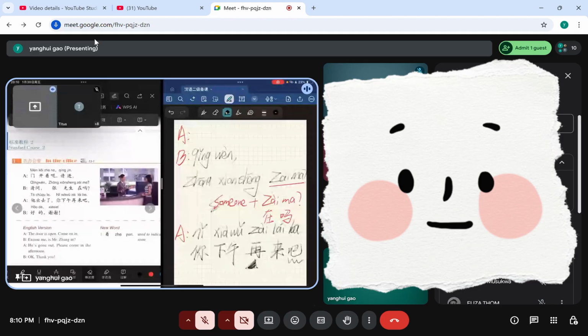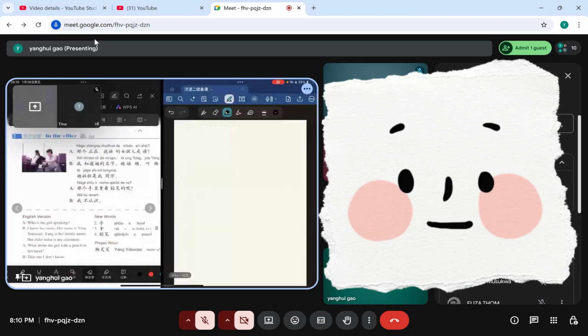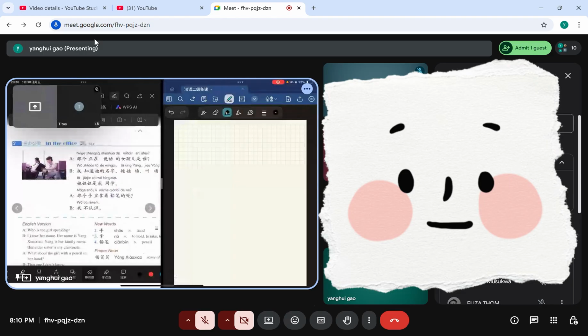The answer is no. He isn't in the office. So it's 不在. 在 is in the office. 他在, he is in the office. 他不在, he isn't in the office, because he went out. 他出去了.